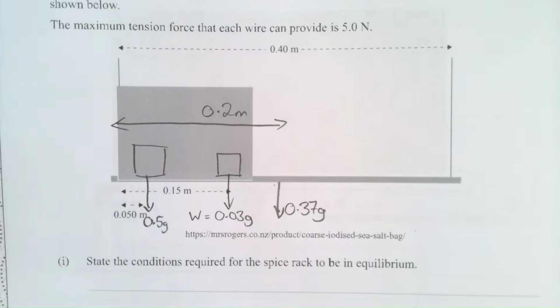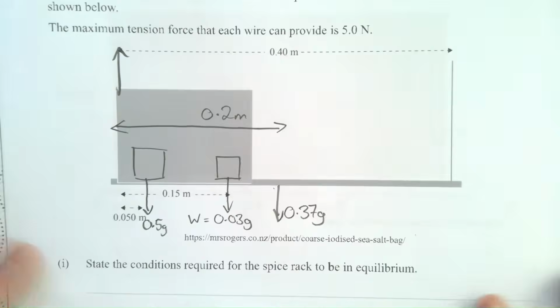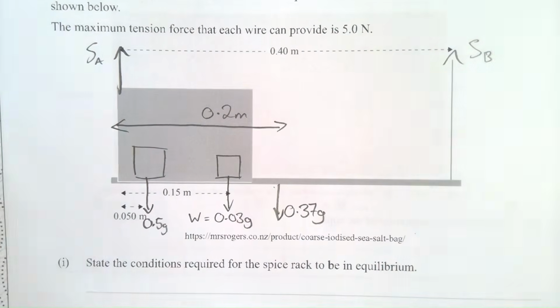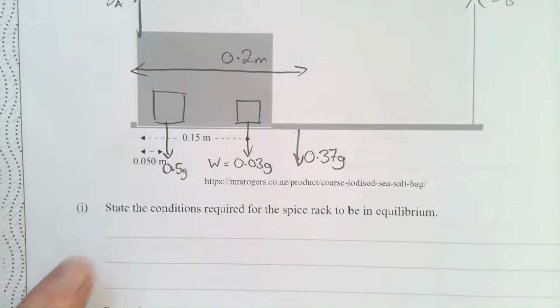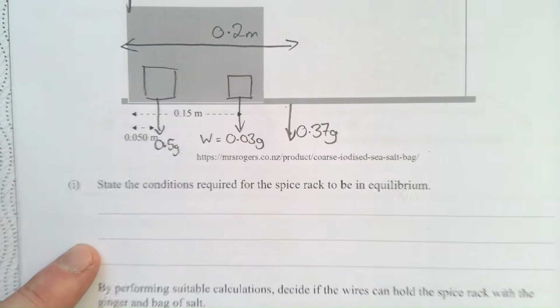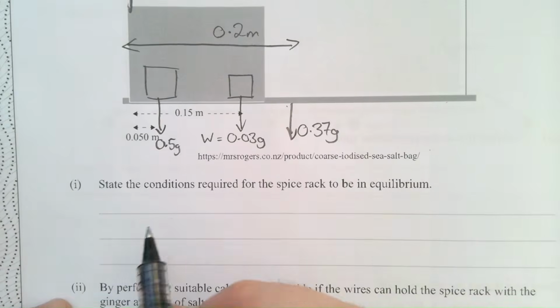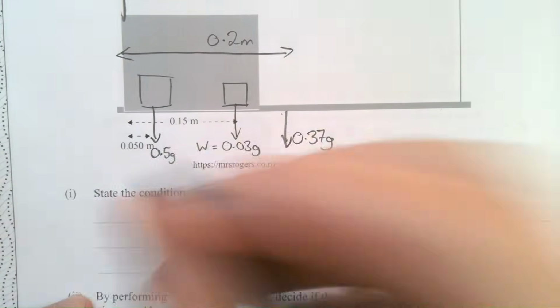Now, hopefully from here, if we have our two support forces labelled, supporter A and supporter B, we can see that we've got quite a classic sort of torque question. Therefore, for part I, state the conditions required for the spice rack to be in equilibrium. We have to use our torque understanding.